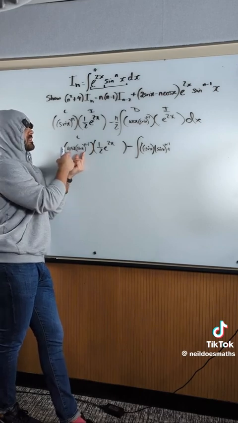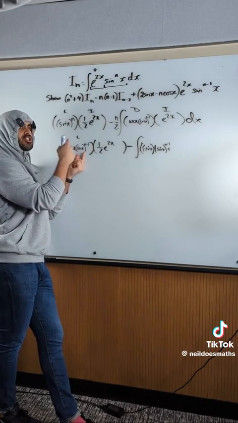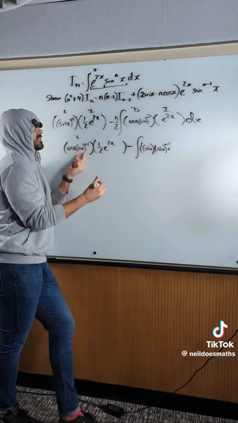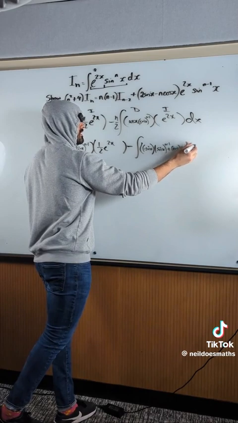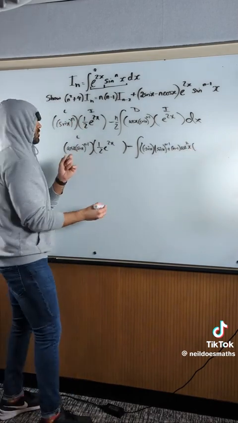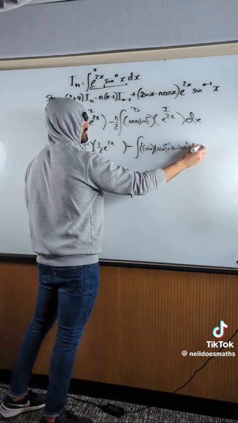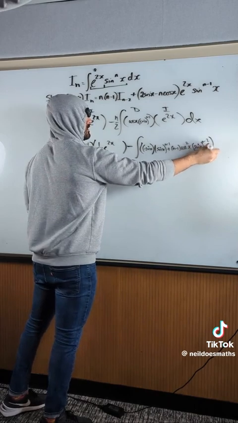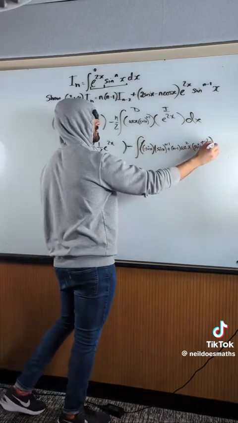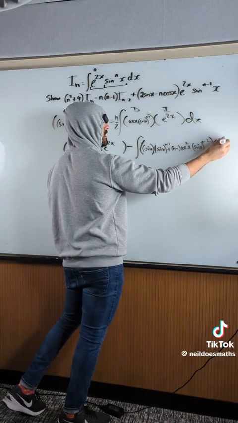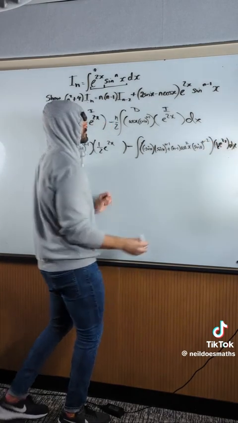But then you're timesing by this cos, so it's actually cos squared. So you have n minus 1 cos squared x, then sin x to the n minus 2. That's the differential of the first term, times the second term, half e to the 2x dx.